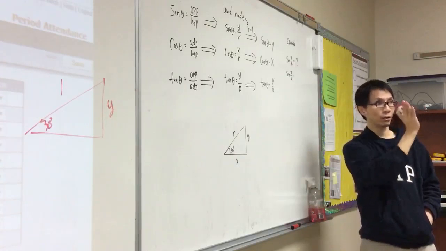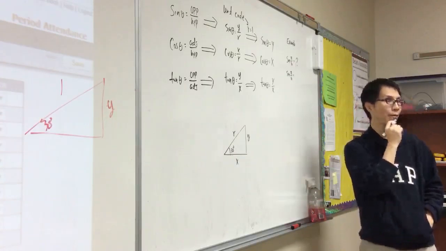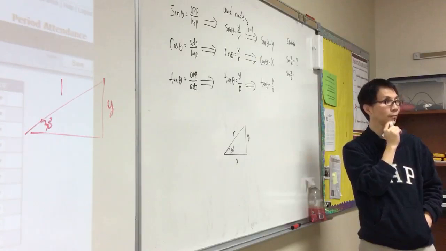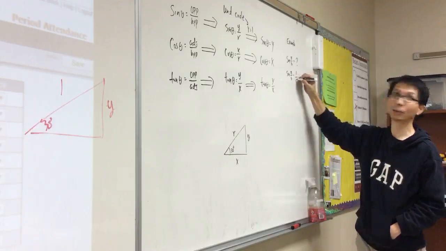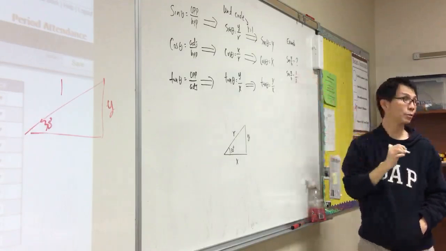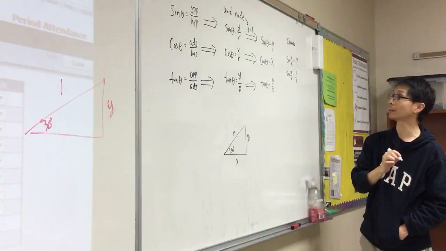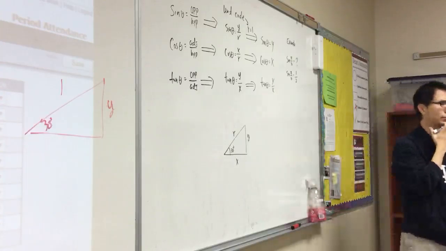Look at your unit circle. What is the y value when it's pi over 6? Just 1 over 2. So it's equal to 1/2.